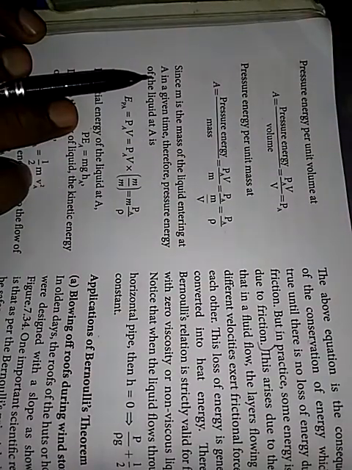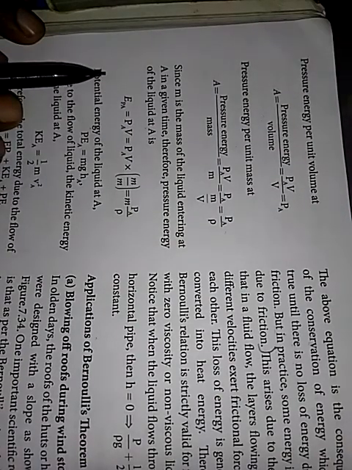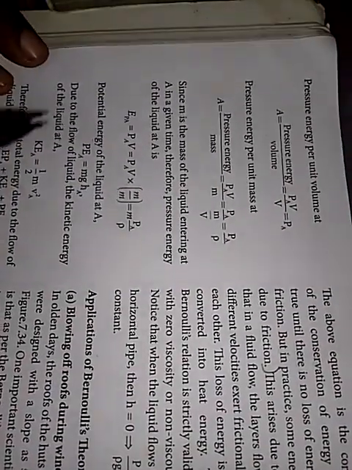Since M is the mass of the liquid entering at A in a given time, the pressure energy of the liquid at A, EP at A, is equal to P into V. So P into V, you multiply by M and divide by M. Why do we do this?